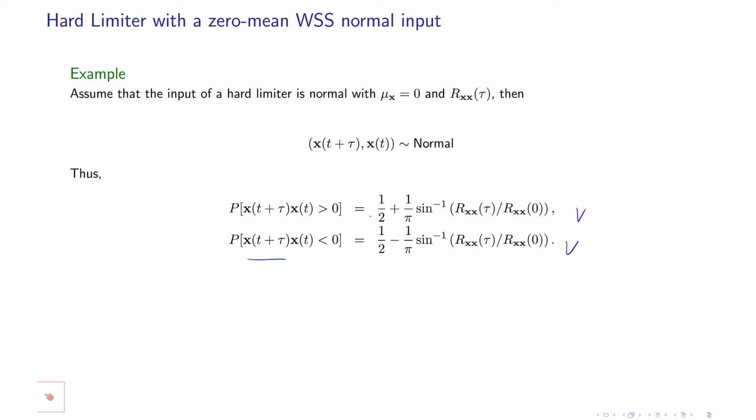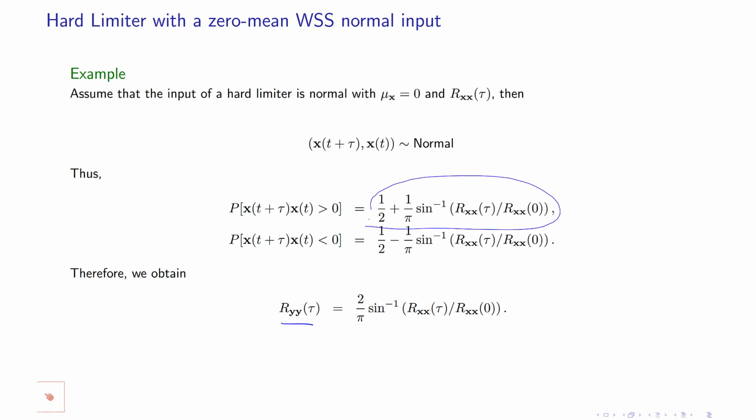So if you give these to a hard limiter, then the cross correlation of them can be easily calculated. RY of tau is going to be probability plus 1 times this one plus, and if you add them together, you can calculate this.